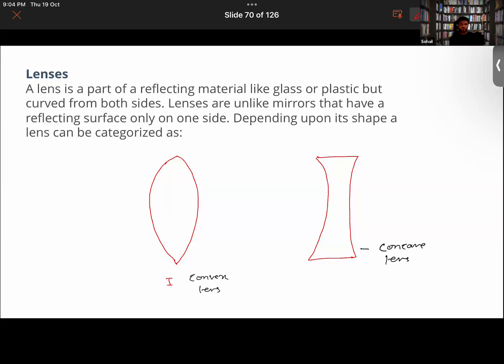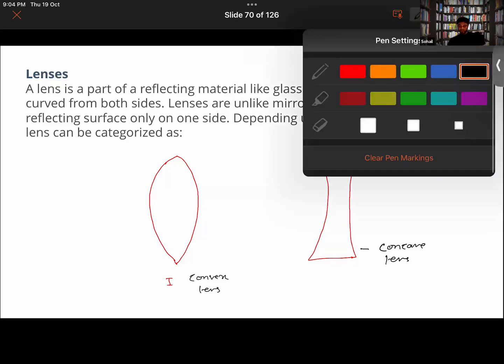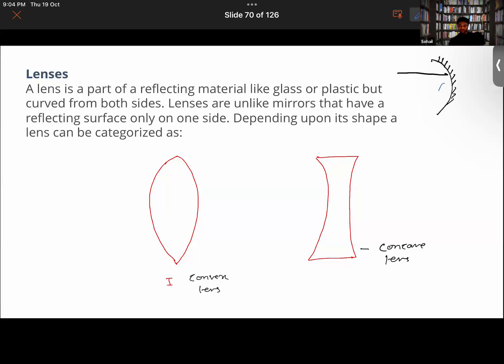Not exactly true. Look here. When we talk about the concave mirror, it's like this, and this here is the reflecting surface. That was a concave mirror. In the case of the concave lens, the surface is bent inward, right?